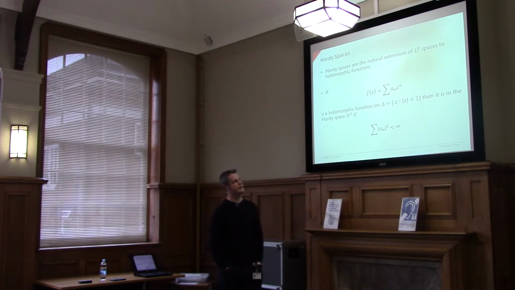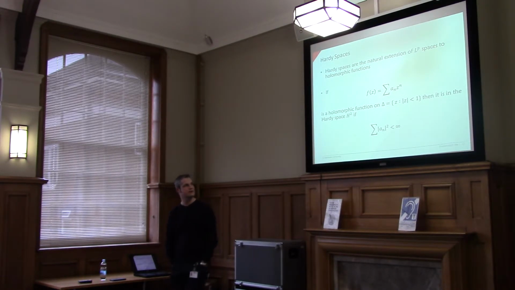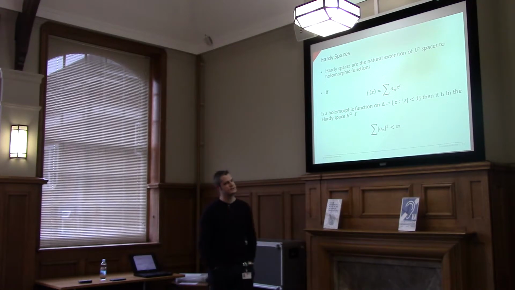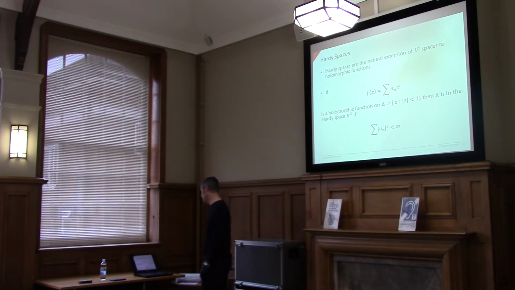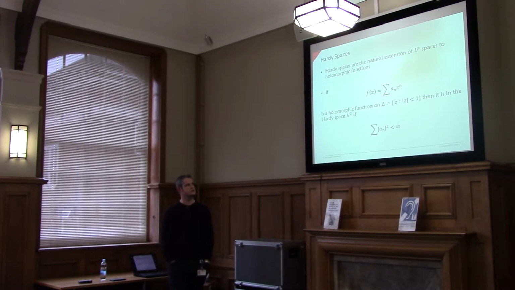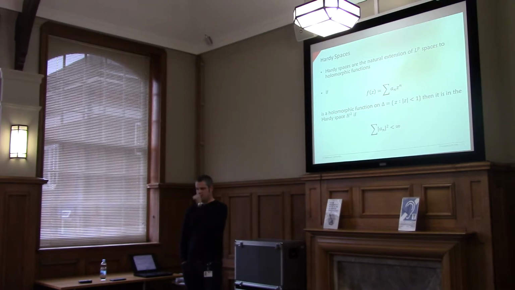We don't really care about other domains; the unit disk is good enough because everything else is conformally the same anyway. If this is a holomorphic function in the unit disk, then we say that it is in the Hardy space if the coefficients are square summable. The index n ranges over the natural numbers, from 0 if you include 0 in the natural numbers.